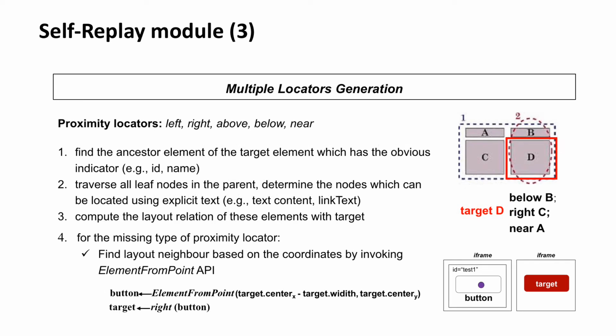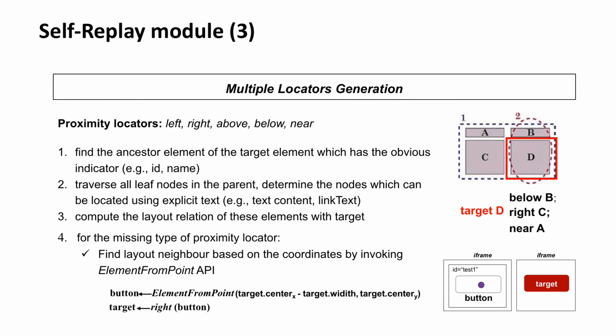WebRR also supports a new kind of proximity locator, which identifies the target element using its neighbors in the layout. In order to compute a proximity locator for the target element, WebRR first finds the ancestor element of the target which has the obvious indicator.